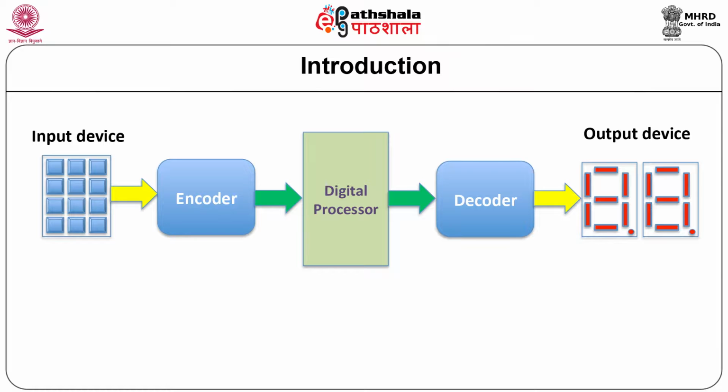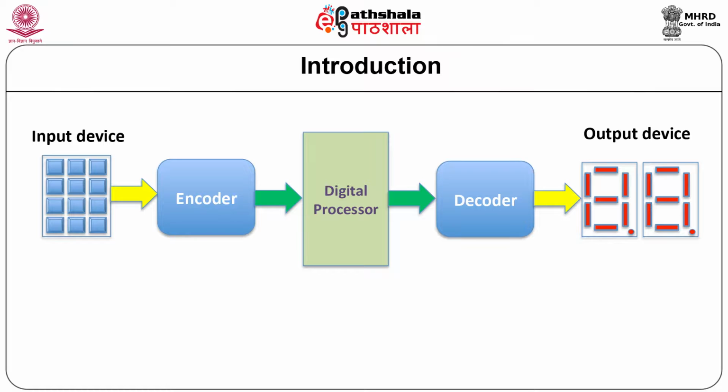Encoders essentially receive the input from the keyboard. Many keyboards use encoders to provide machine recognizable code, that is binary, and the decoder accepts the processed binary code and converts it back into the format useful for the output devices like 7 segment display, CRT or printer.